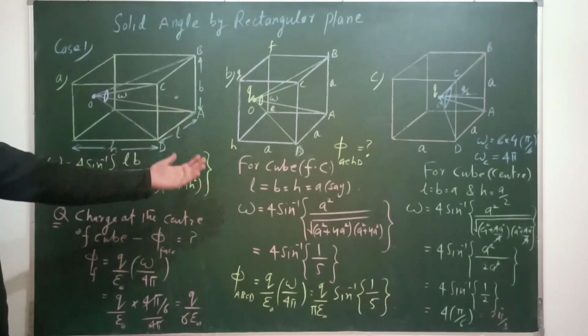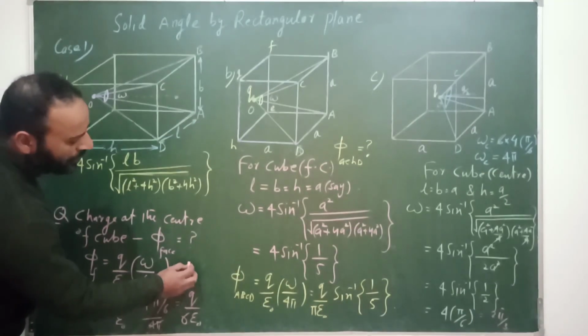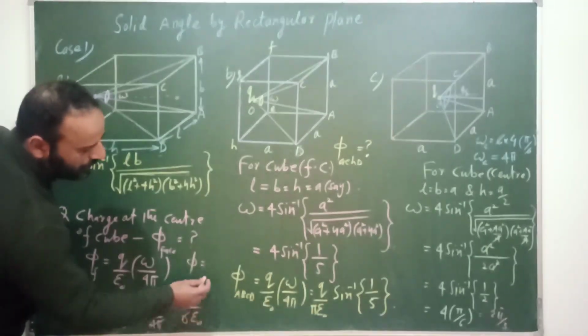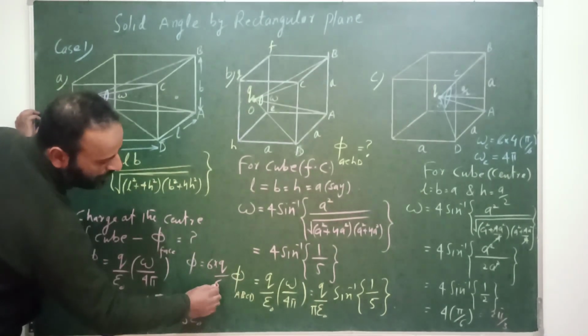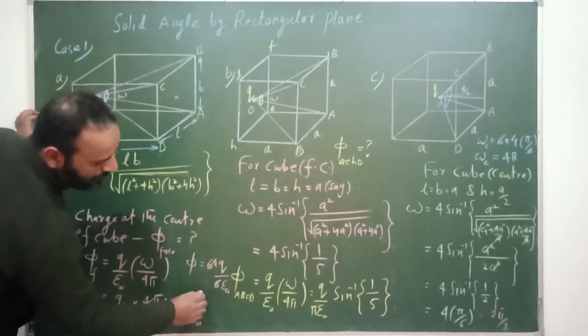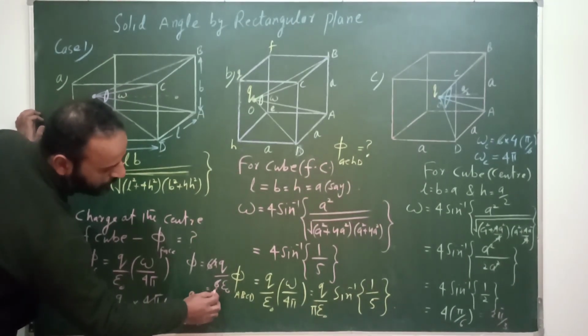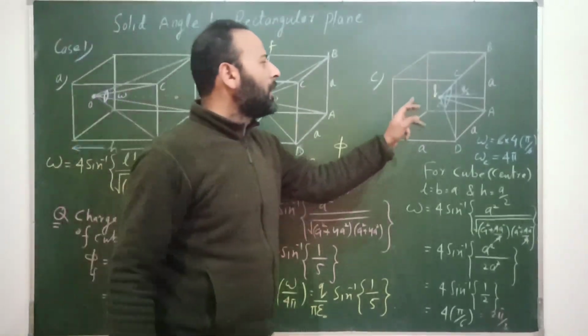Now since it has 6 faces, if we multiply it by 6, then we can calculate the flux as 6 times q divided by 6 epsilon naught, so 6 and 6 cancel, and we get q divided by epsilon naught. So that is the flux through the cube by a charge at its center.